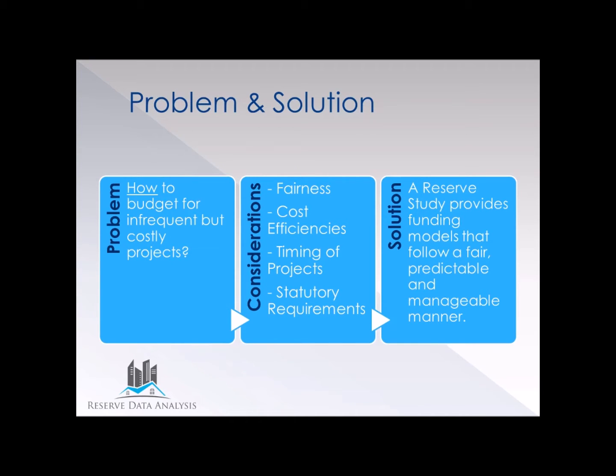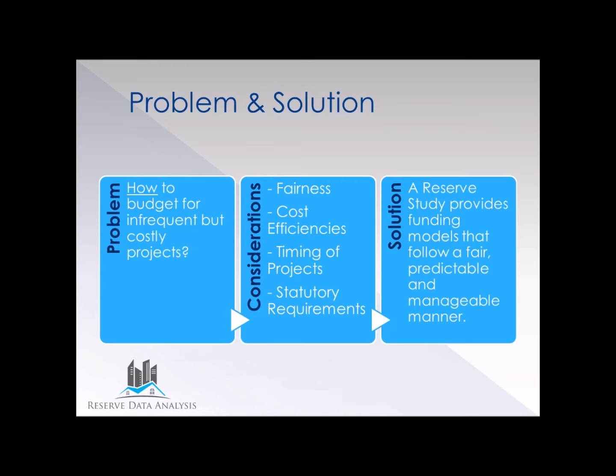So the main problem is, how do we budget for infrequent but costly projects? As a reserve study professional, we need to take into account fairness to the community members. We need to take into account cost efficiencies, timing of the projects, and statutory requirements.